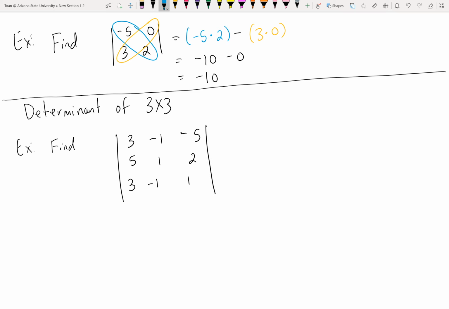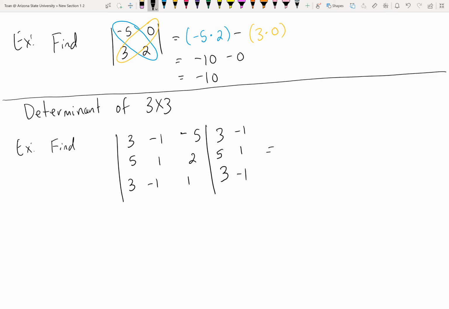The shortcut is to take the first two columns of your matrix and copy them on the outside. So I'm going to take this column, 3, 5, 3, and write them on the outside. Take the middle column, -1, 1, -1, and write them on the outside.